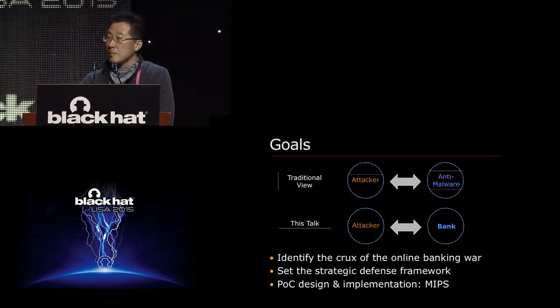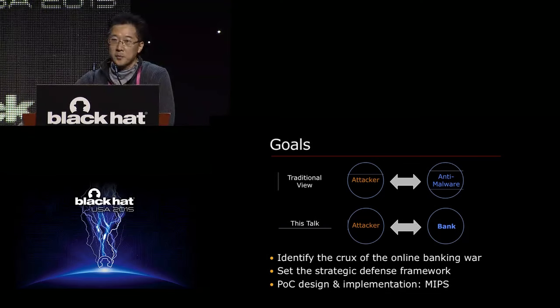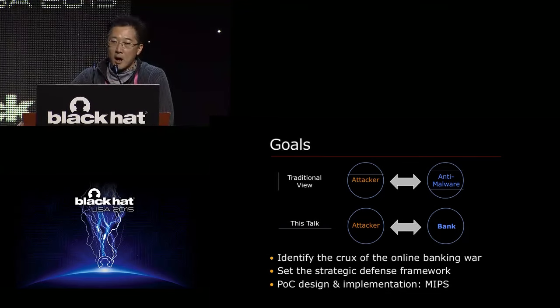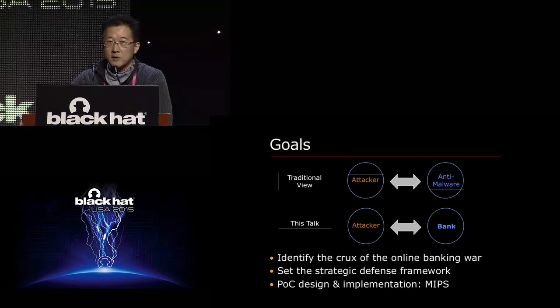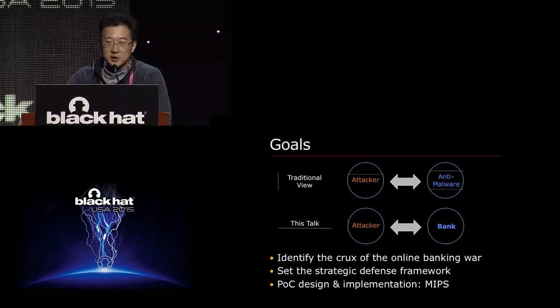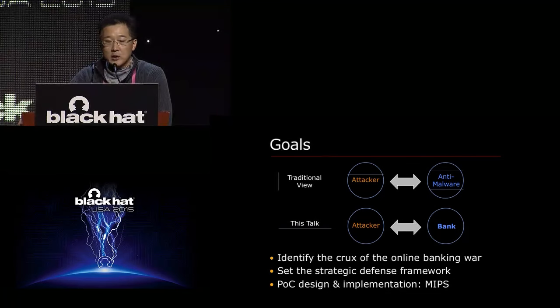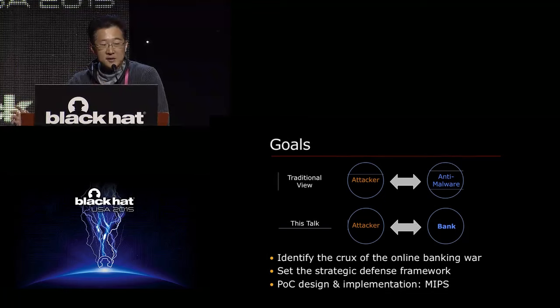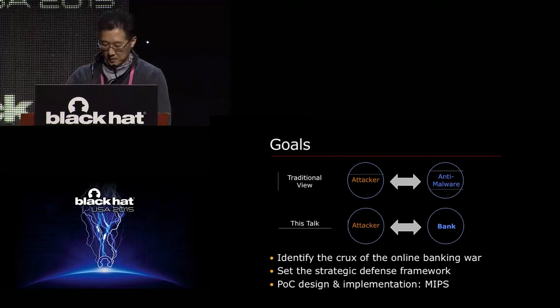So we're going to have a look into the crux of the battle first, and we're going to set a strategic framework on that using a POC, which I have implemented, called eaves. So let's have a look at that now.